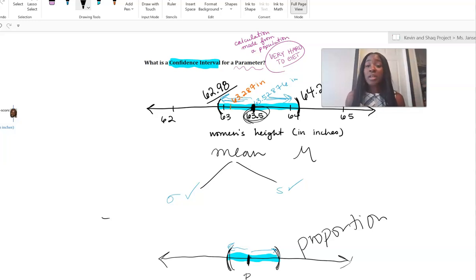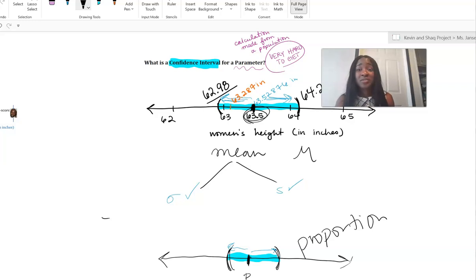The bigger your sample, the better your sample is, the more representative it is of your population. So one of the other concepts we'll be exploring this week is, well, how big of a sample do I need to be able to get some really good data? How big of a sample do I need to be able to be 99% confident? All right, what's the smallest sample I can get away with to be 99% confident?